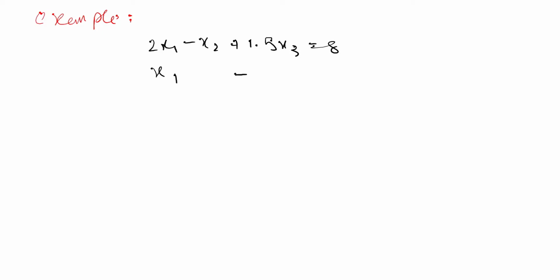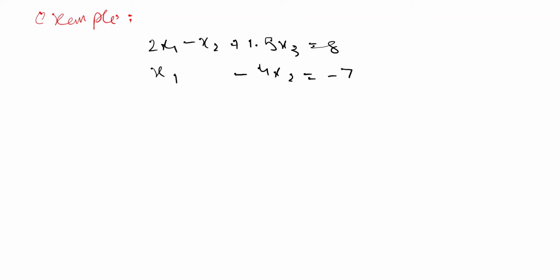Let's see an example. 2x1 minus x2 plus 1.5x3 is equal to 8, and the other one is x1 minus 4x3, with no other extra variable, no x4 or x5, is equal to minus 7.